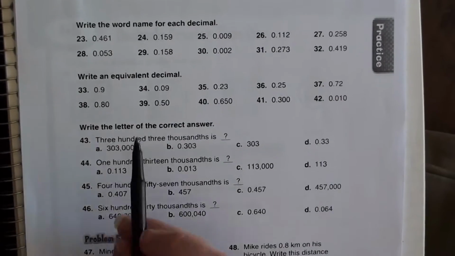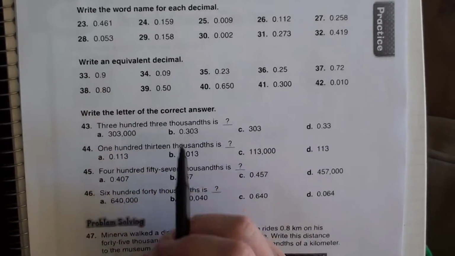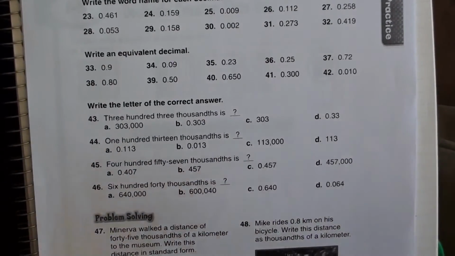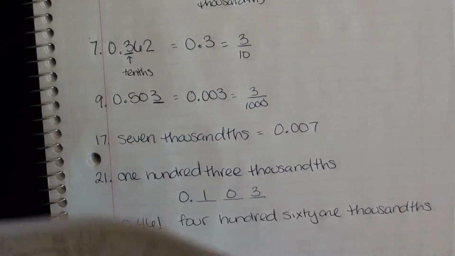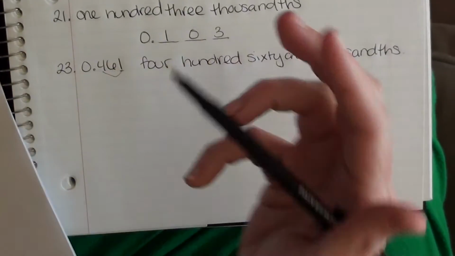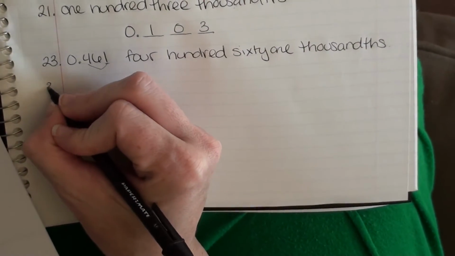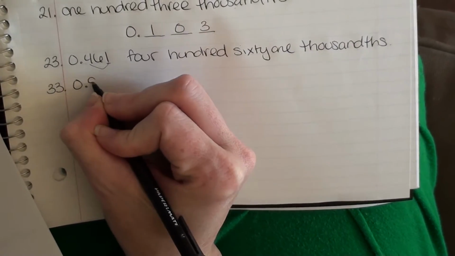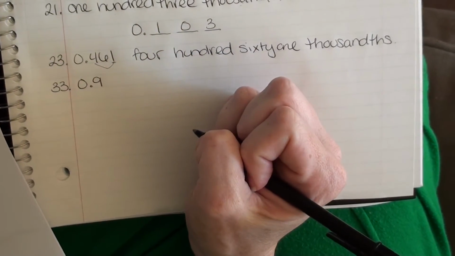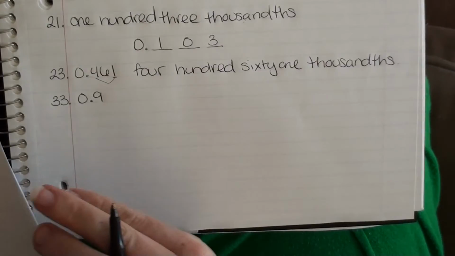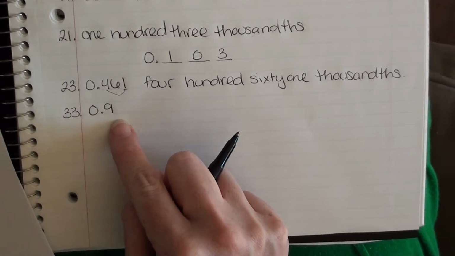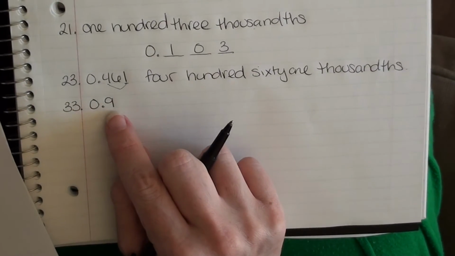Okay? This section right here asks you to write an equivalent decimal. Now what they mean by this is they want a decimal that is equal to, okay? And the only way that you can make a decimal equal to what is written is by adding zeros. Now we've talked about this before, that no matter how many zeros you have after this decimal, it will always equal the same thing.